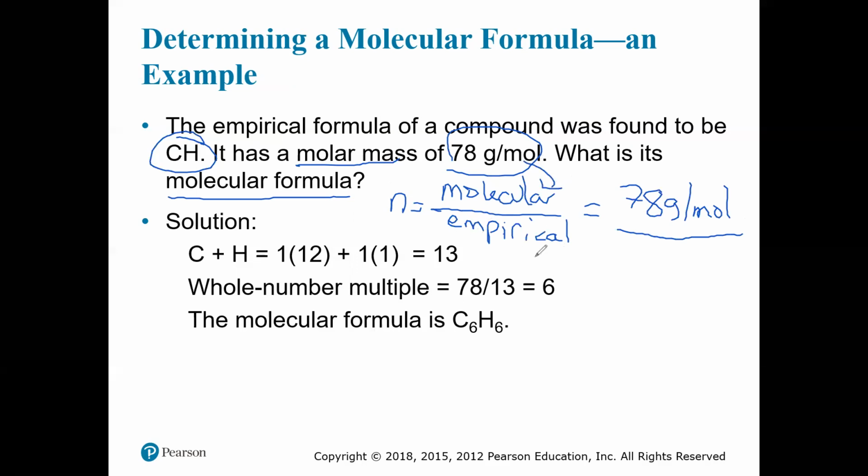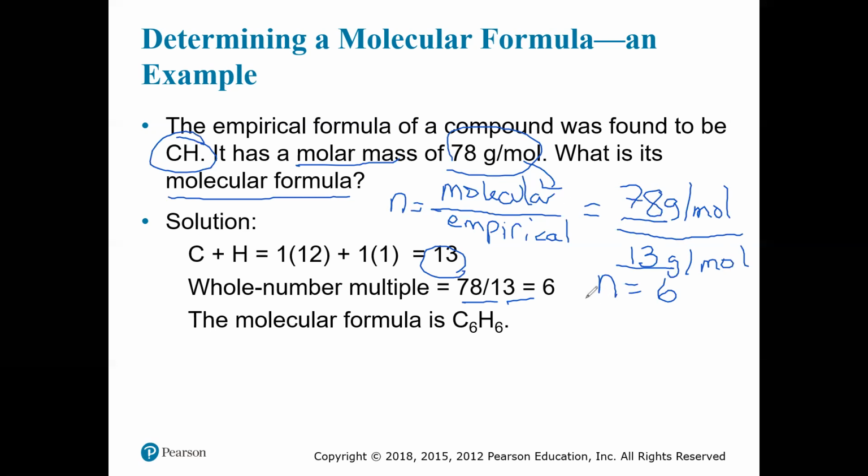Then I need to figure out the mass of my empirical formula. Well, my empirical formula is a carbon, which is 12, plus a hydrogen, which is 1, so 13. So we put the 13 on the bottom. Then we take our 78 and divide it by 13, and I get a value of N equals 6.